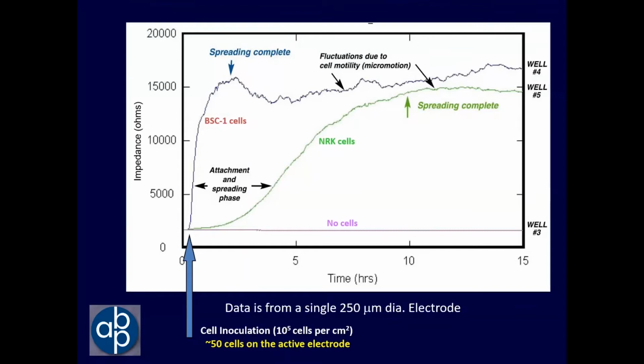Once the cells have achieved their confluence, we see there are fluctuations in the curve, which we term micromotion. This is biological in nature because notice the bottom trace is what we see if we simply have a well without cells present, just a flat line. These micromotion measurements can be of interest.